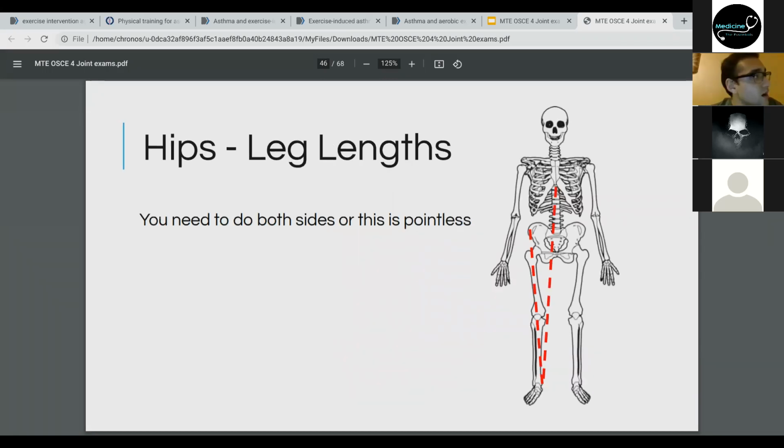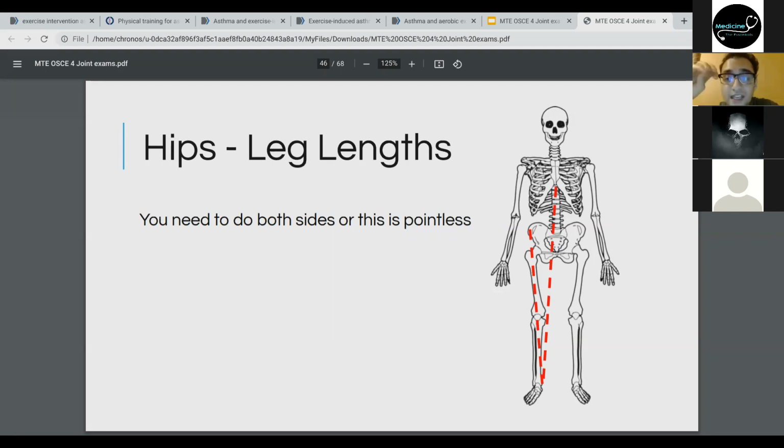I usually do the feel with the patient lying back. While you have them on their back, you can do your leg lengths. So you've got your apparent leg length, which goes from the ASIS to the medial malleolus, and your true leg length, which is your xiphisternum to your medial malleolus. Make sure you do both sides, otherwise it's kind of a pointless test.